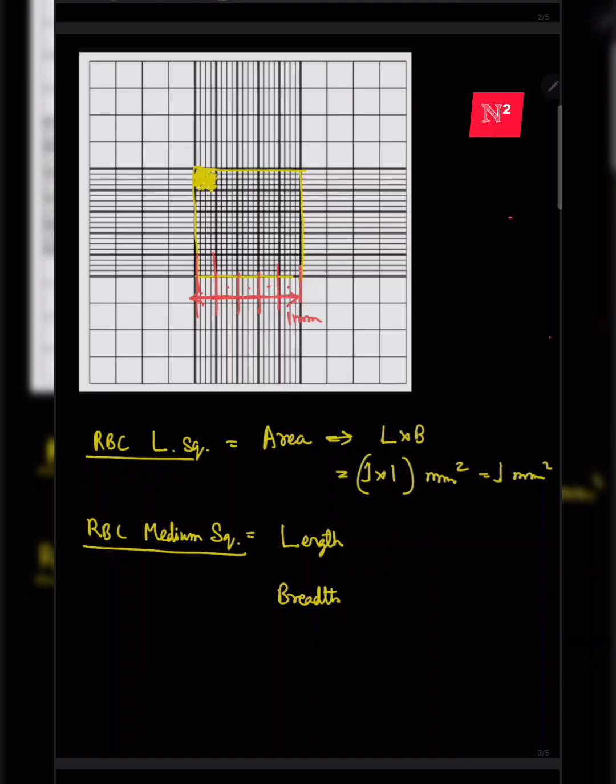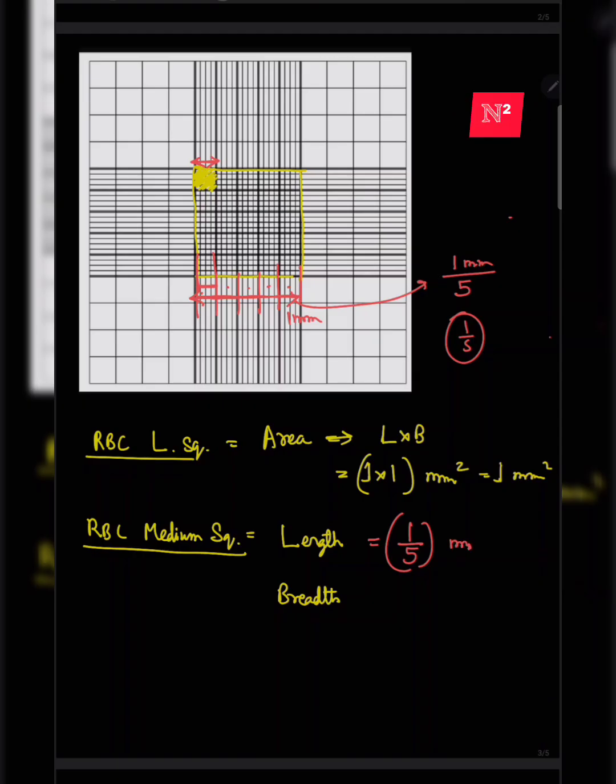So this 1 millimeter section is divided into 5 parts. So what will be the length of this particular square? This is 1 divided by 5, since it's divided into 5 equal parts.